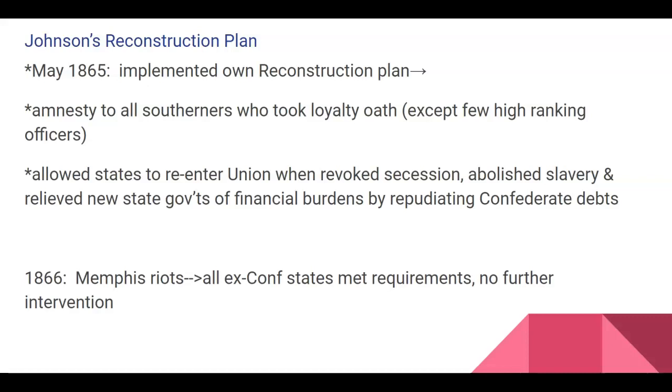Well, once he was assassinated, his plan was out the door. And so Johnson had a Reconstruction plan called Presidential Reconstruction, and actually Johnson had run on the ticket, obviously, with Lincoln in the 1864 election.